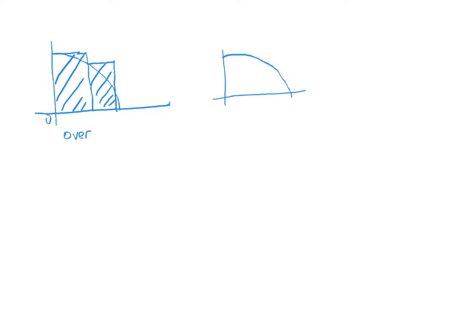The first under rectangle is this one. That means you use x equal to 1, the height is y1, 1. And for the next one you use 0. So it's like that. Are you okay?